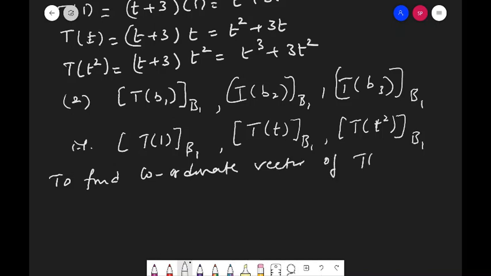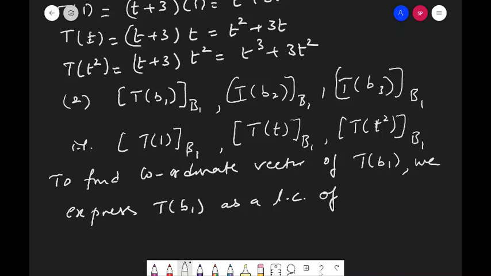Now to find coordinate vectors, suppose we express T of B1 as a linear combination of vectors of B1, with respect to whatever basis you are doing, you have to write it.